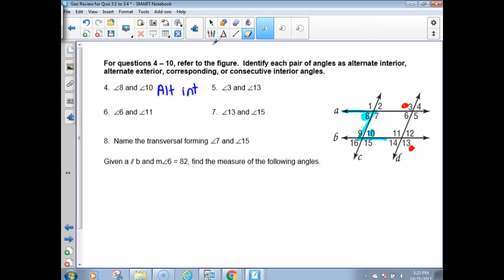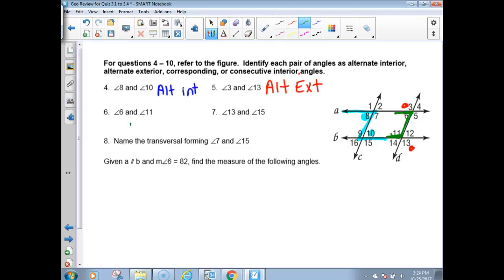I bet you already have these. Why don't you answer the next two while I'm busy writing? See if you got them right. 6 and 11. Oh, there they are. They're in between the lines on the same side.